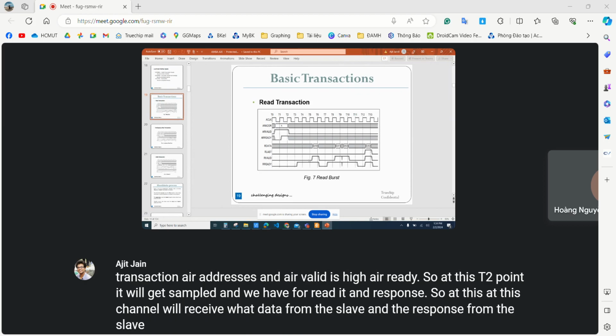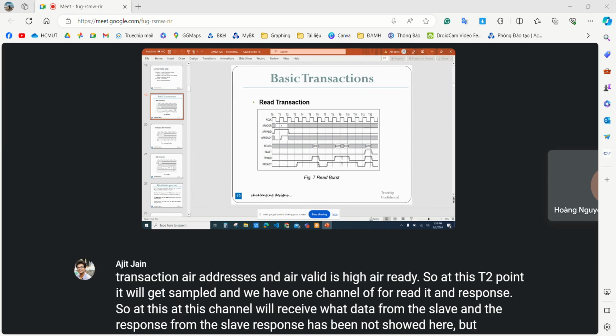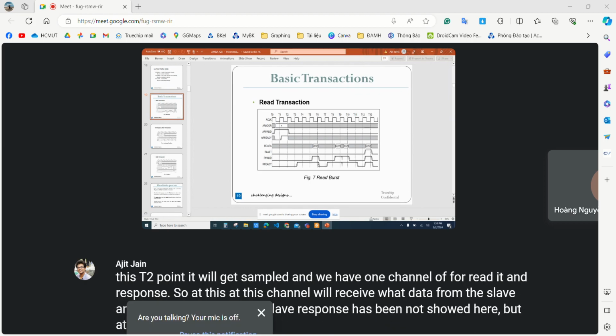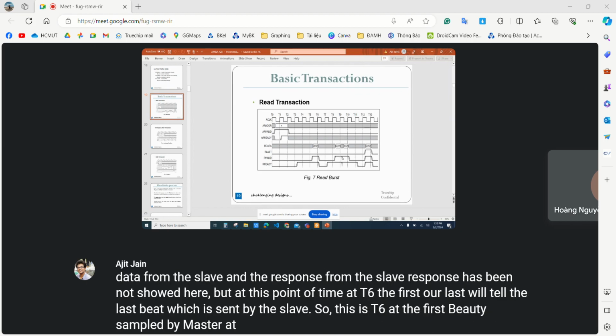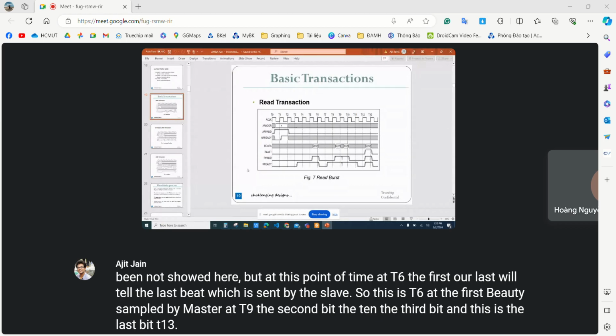The response is not shown here, but at T6, the first R last will tell the last beat sent by the slave. So at T6 the first beat is sampled by the master, at T9 the second beat, at T10 the third beat, and the last beat at T13. This is how the read will be performed.